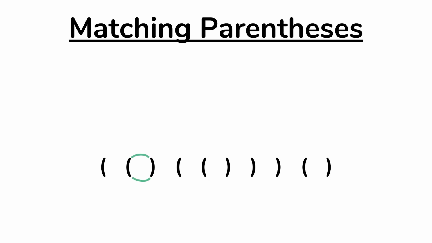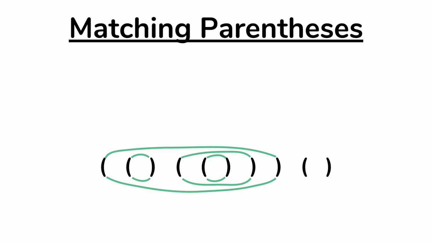Here's one, and here's another. Now that we've matched that second pair of parentheses, there are no unmatched parentheses preventing us from matching these as well. And continuing to work from the inside out, we can match the parentheses that contain all of this. Finally, we've got one pair left over at the end. See how that works? Just work from the inside out.